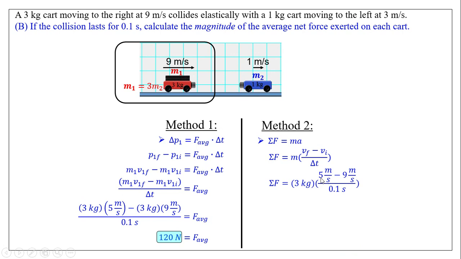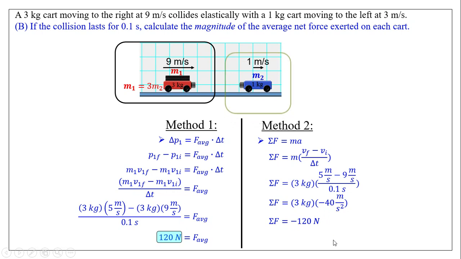So here, if you do it correctly, it'd be 5 minus 9, which is negative 4. And then negative 4 times 3 would be negative 12. And then negative 12 divided by 0.1 will give you the same thing. Or you can just do this in parentheses. You can do 5 minus 9 be negative 4 divided by 0.1, which would be negative 40. However you want to do it, you'll still get the same answer, okay? So the answer here, as you can see, it still comes out negative 120 newtons. But once again, the answer would just be 120 because I asked for magnitude.